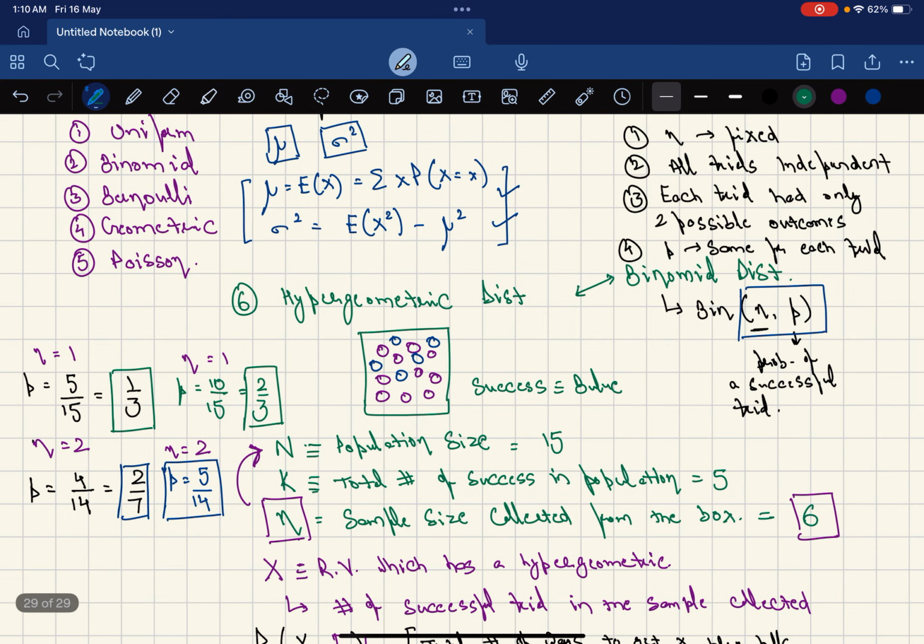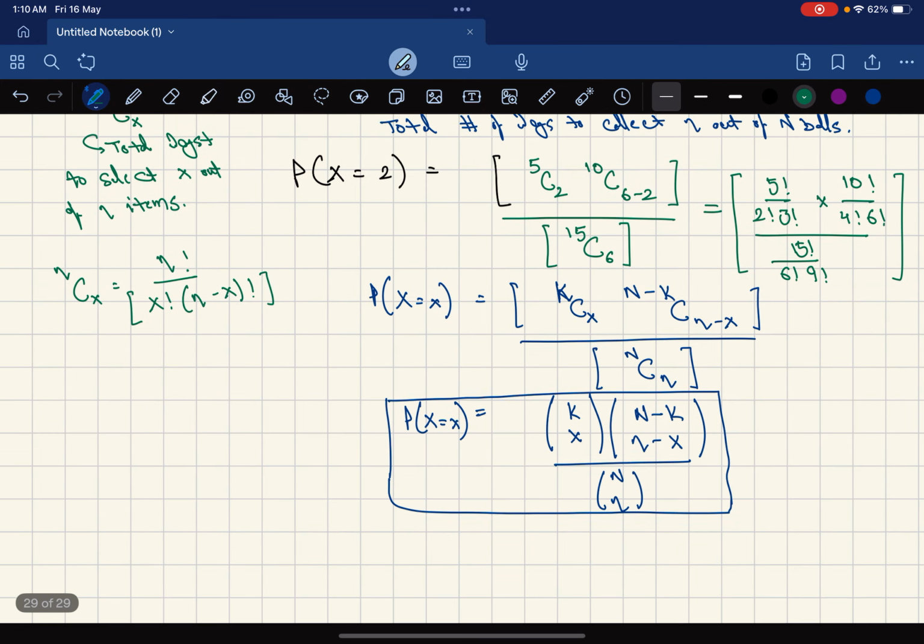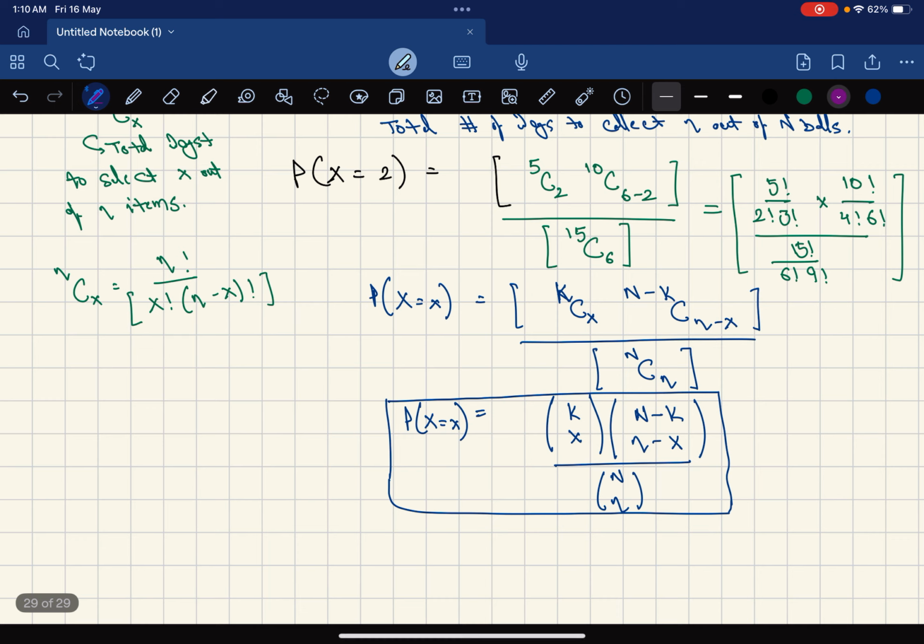So just to reiterate, if we look at the properties for a hypergeometric distribution, the trials are dependent here, they are not independent, unlike the binomial distribution where the probability was the same for each of the n trials and we were using the same probability parameter. But in this case, the probability will change depending on what happened in the previous events, and therefore the trials are dependent on each other.